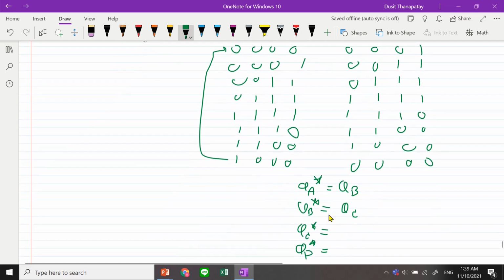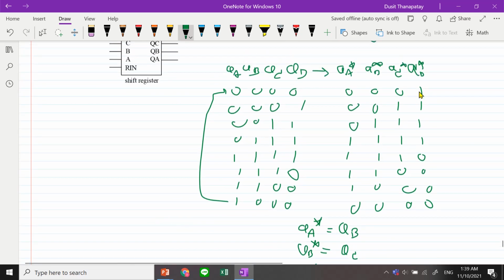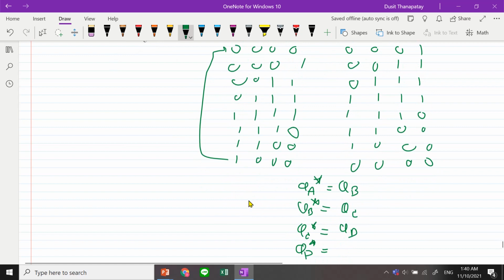So QC star is QD. And how about QD? QD is 1, 1, 1, 1, 0, 0, 0, 0. This is 1 for 4 bits and 0 for 4 bits. It's the opposite, right? So you can write the equation for QD star as the opposite of QA, QA prime.